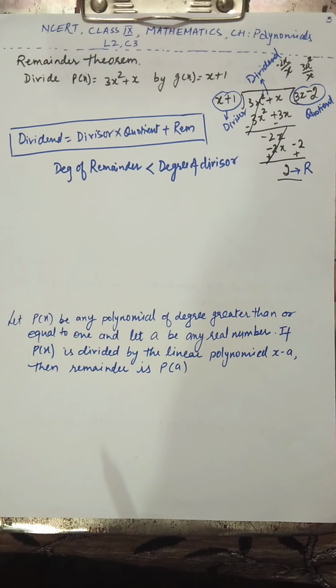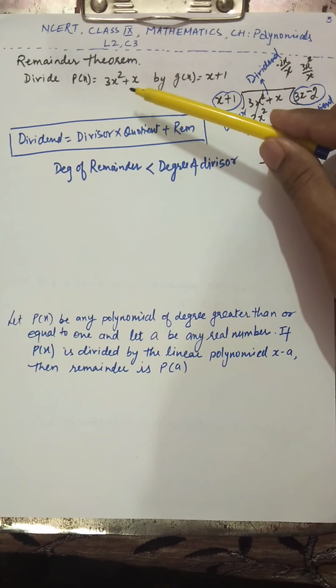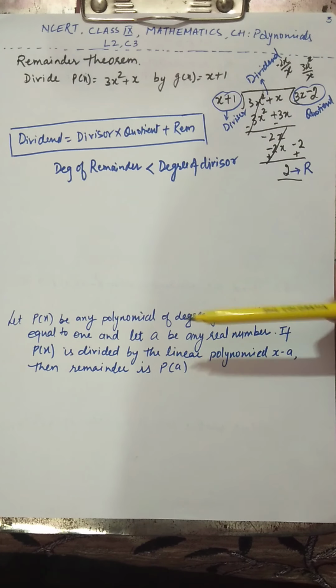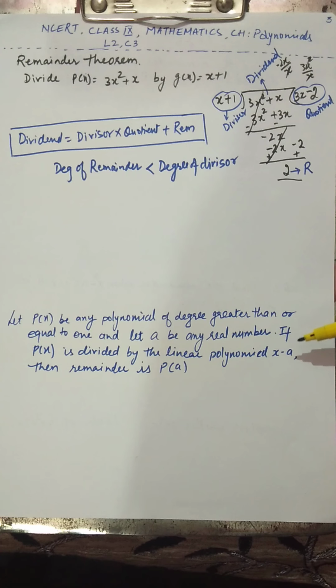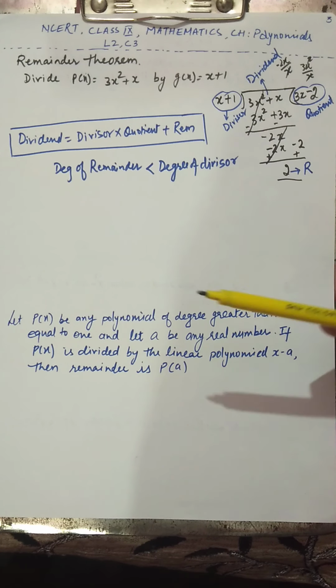If p(x) is any polynomial of degree greater than or equal to 1, so that p(x), for example here, the degree of p(x) is 2, and let a be any real number, and if p(x) is divided by the linear polynomial x minus a.